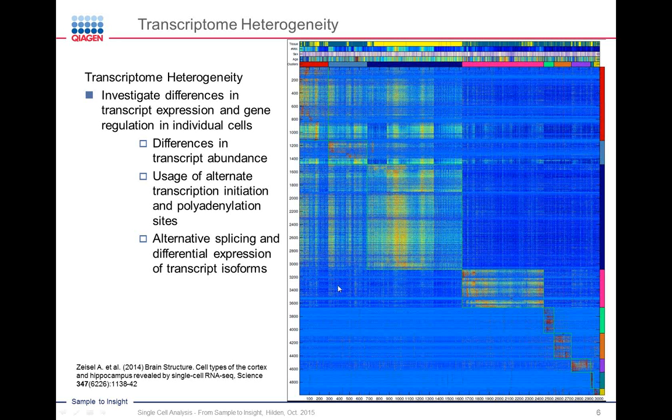This is a really interesting heat map. This is quite often how you'll see RNA-Seq done on large amounts of single cells, the data visualized, where you have, I don't know in this case if this side is genes and this side is cells, or the other way around, because they've analyzed a lot of cells. But you can look at the transcriptomes of all of these different individual cells and you can cluster them.